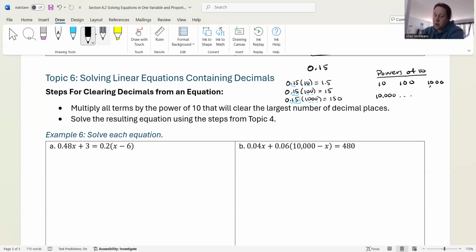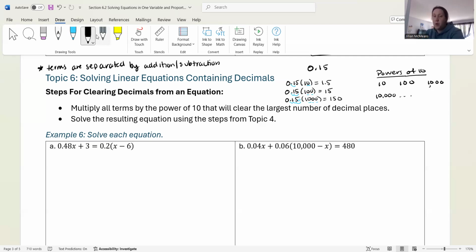The second thing I want you to remember is that terms are separated by addition and subtraction. So when I say multiply all of your terms, ignoring parentheses, look to see which chunks are separated by addition and subtraction or also an equal sign.